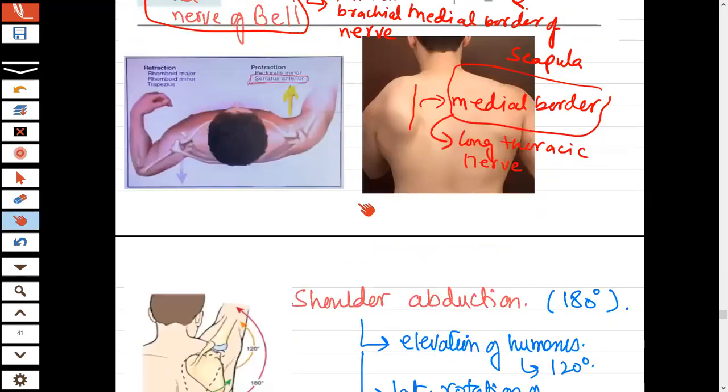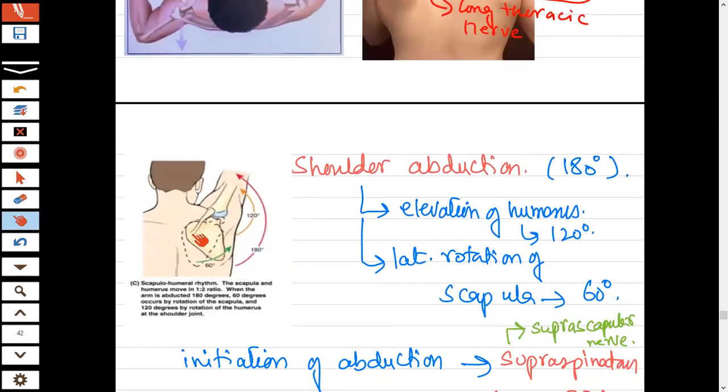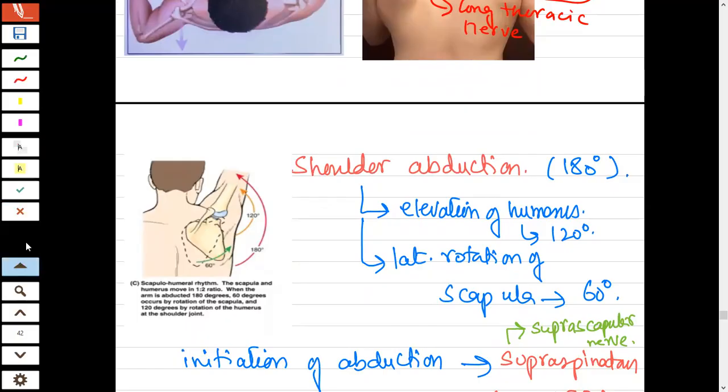Okay. After this, now see here. Whenever you are performing shoulder abduction, the whole will be 180 degree. And in this whole 180 degree, see here, the scapular rotation. Okay, so this is your scapula bone, so it is going to rotate laterally.